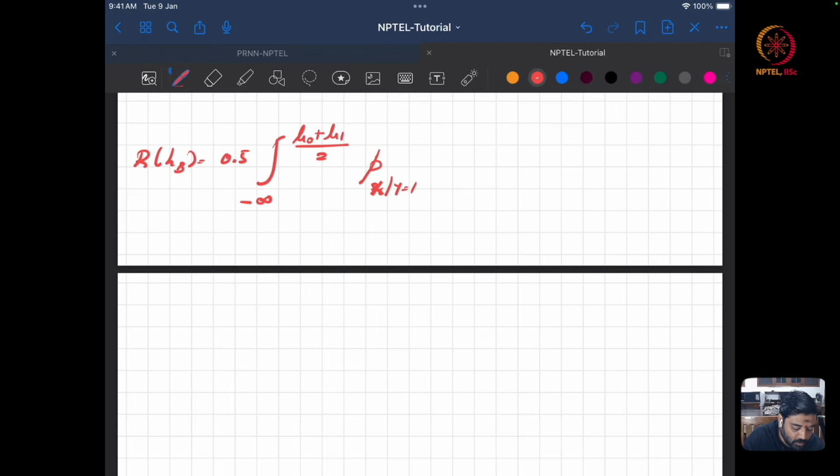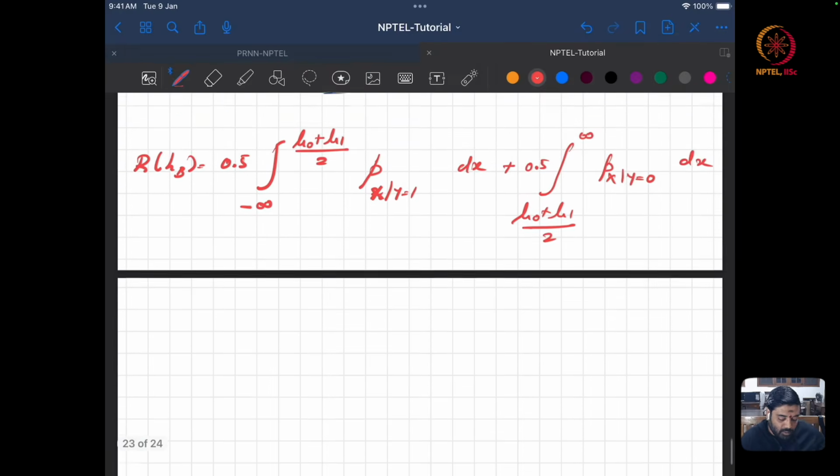This is capital X. Okay, into dx. Sorry, I'm abusing notation left, right, center. I presume that you can follow them comfortably. Okay, plus 0.5 into the integral from mu naught plus mu 1 by 2 till infinity of the density given Y equal to 0, dx.